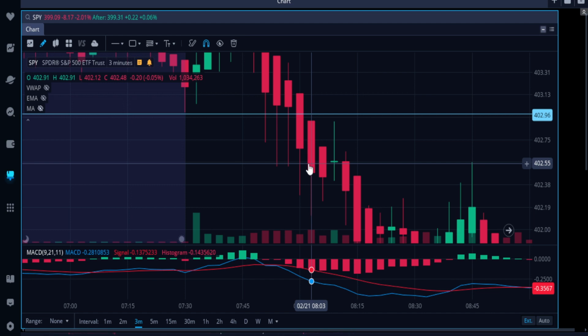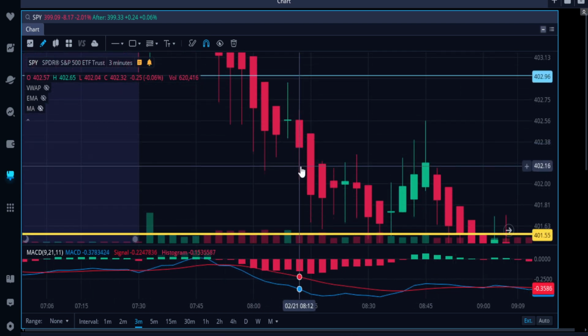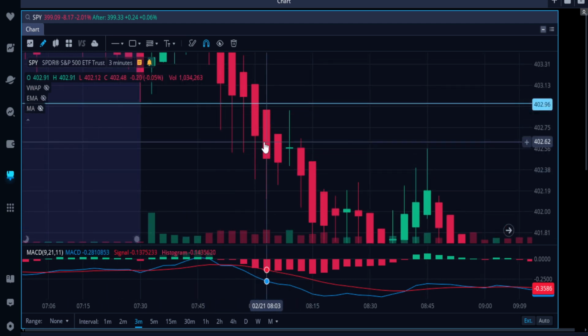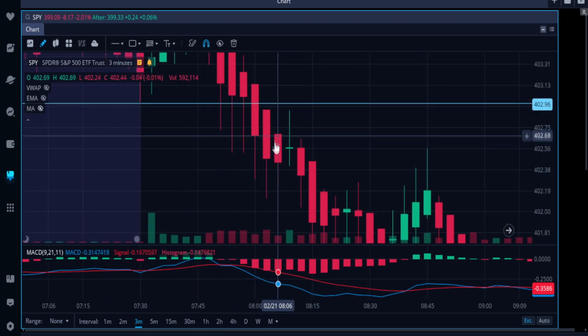So at this point, you have a choice to make. You can either enter right then and there, or you can wait for a pullback. You can just use it as a confirmation for validation, and then after that, just wait for a pullback, get a better entry, and then enter the trade. So what I did was I entered on this candle, I believe.